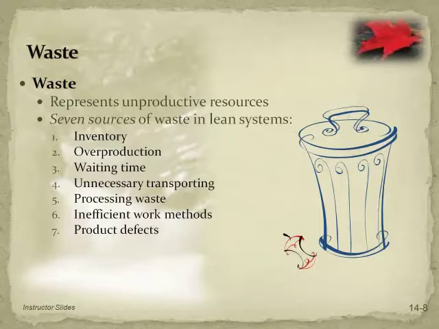Overproducing. One of the things that could cause us to overproduce, produce more than what we need to, could be several things. One is an excessive amount of safety stock. Another would be a lot size policy that we are using that is going to cause us to produce more than what we need.